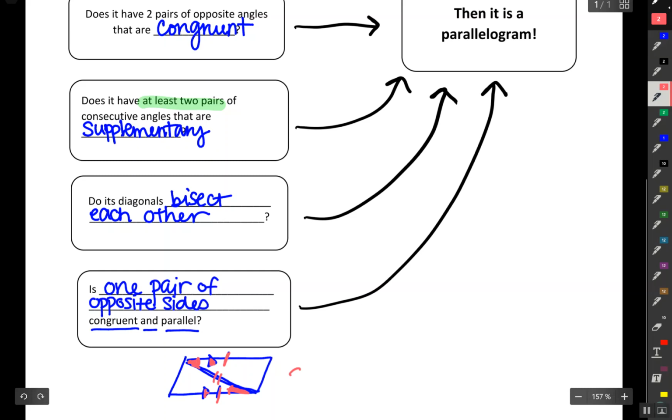So by side angle side, both of these triangles are congruent. Once you have proven that those two triangles are congruent, you can prove all sorts of things like, oh, well, these sides are congruent, oh, these angles are congruent, and then, oh, okay, oh, well, these are parallel too, you can get a parallelogram from there. Okay?